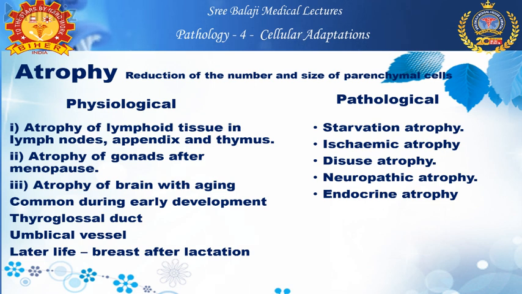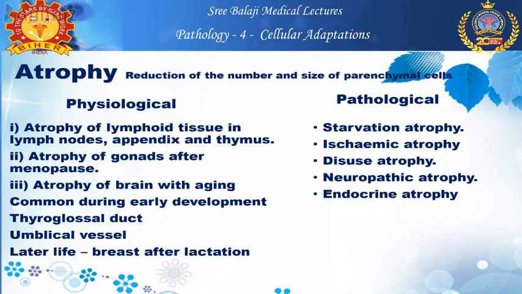Next is disuse atrophy. This is usually seen in orthopedic patients in post-traumatic conditions, where if the bandage is not put on properly, it leads to a deficiency of nutrition through blood supply, which again leads to atrophy of the muscles.